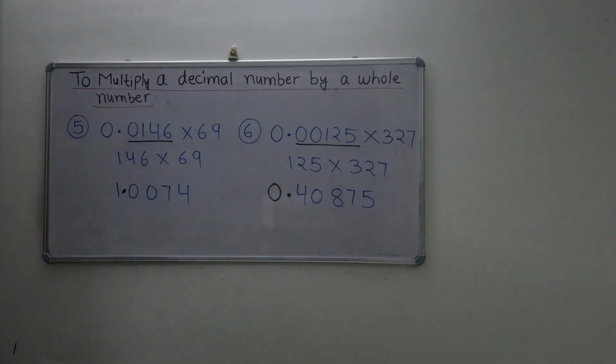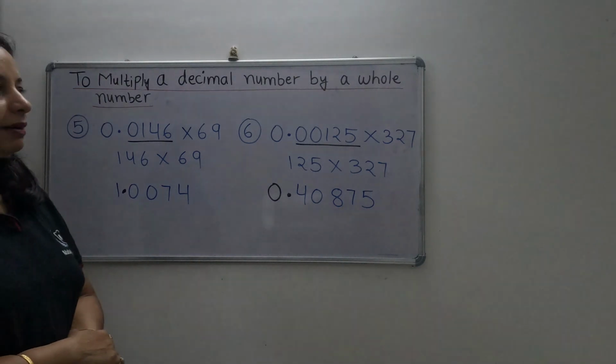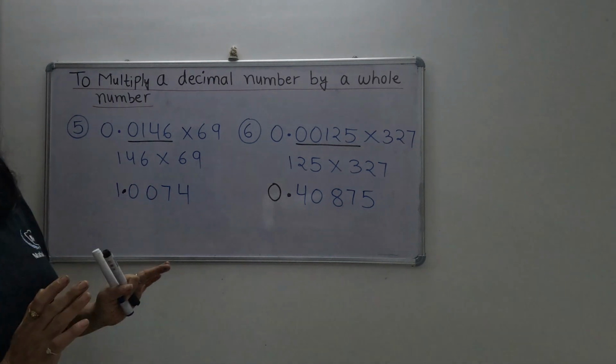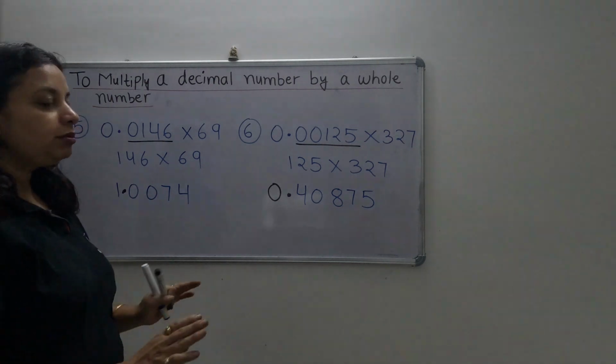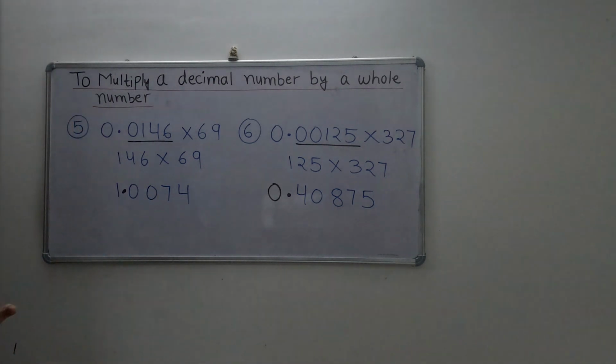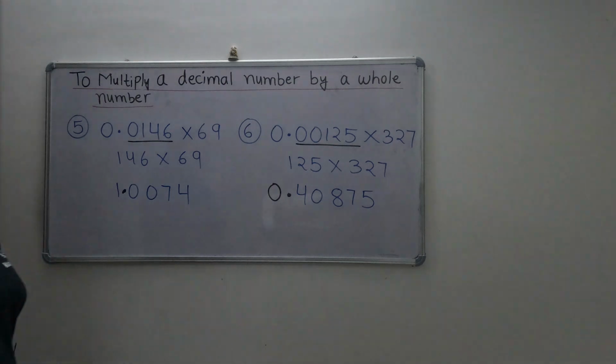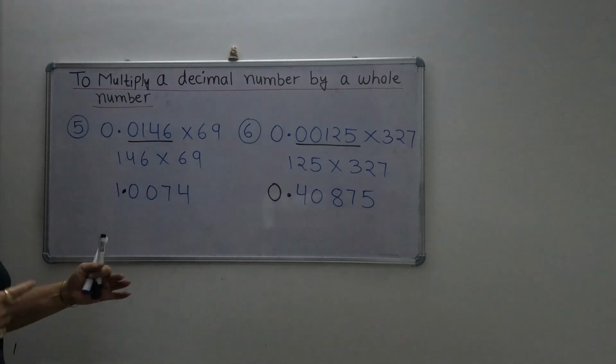This is the simple method. Whatever decimal numbers you have, first ignore the decimal point and multiply normally, as you know how to multiply normal numbers. Then count the number of decimal places in the decimal number. There are 5, there are 4, in some questions we have 3, 2, 1, whatever.